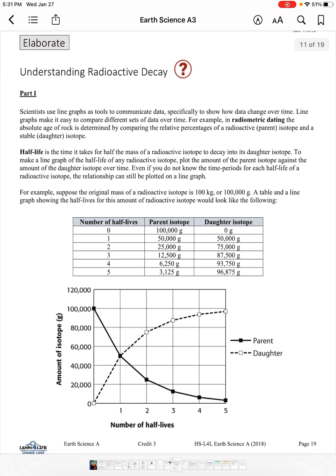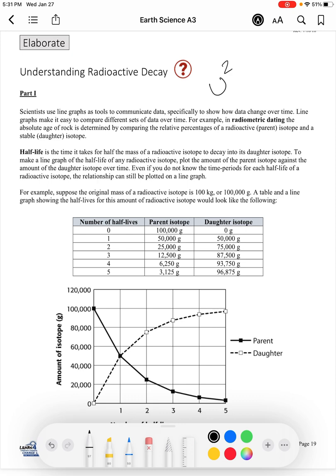But if we were looking at something like uranium-238, if we had 100 grams of this, after one half-life, we would be left with uranium-237 because we've lost one neutron from the parent isotope.